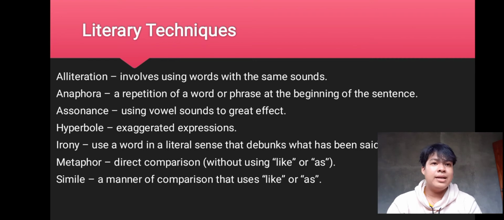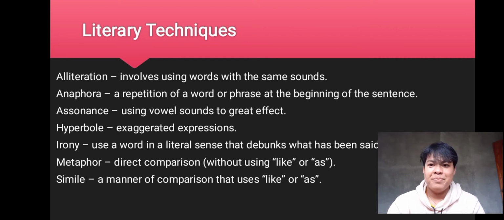Because the word god resembles something strong, something that has a great physique, something quite powerful. So I think this tree is quite big. This tree is enormous for him to compare it to a god.